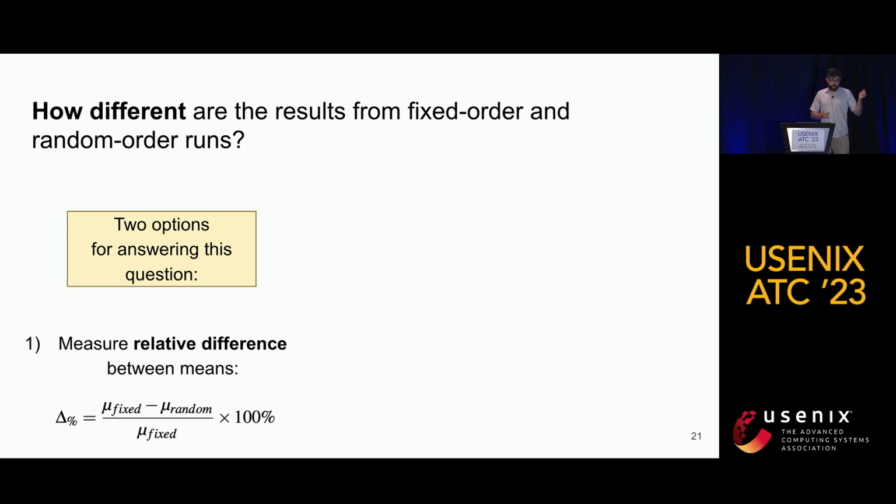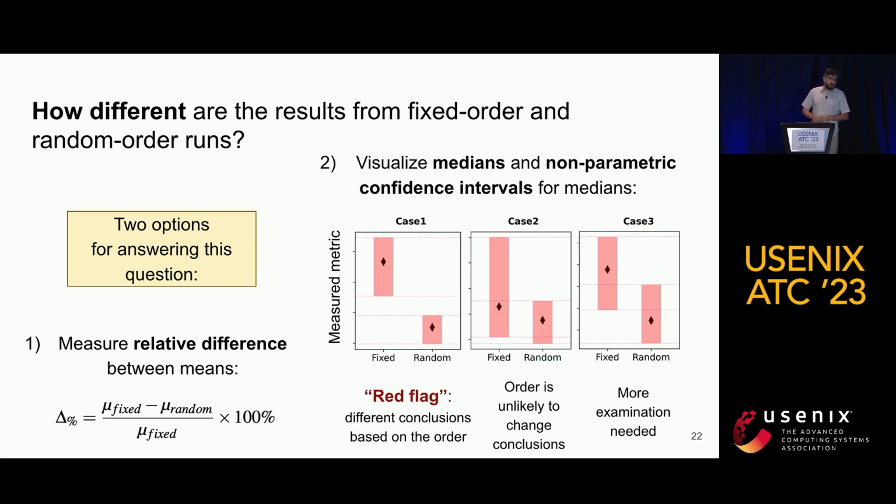That's the difference of means divided by one of them times 100. I'll show you examples of this metric in my following slides. And visually, using a different concept, we can draw medians and confidence intervals. We can express our findings in this way.